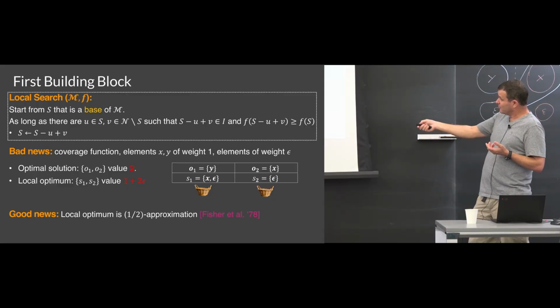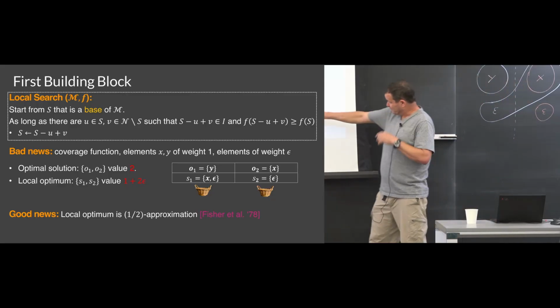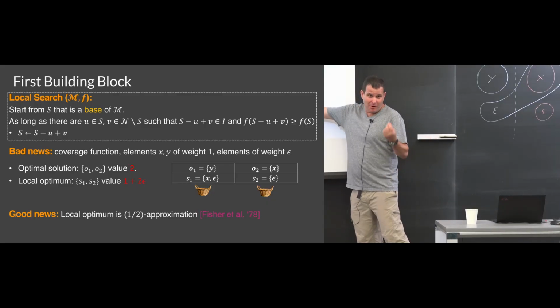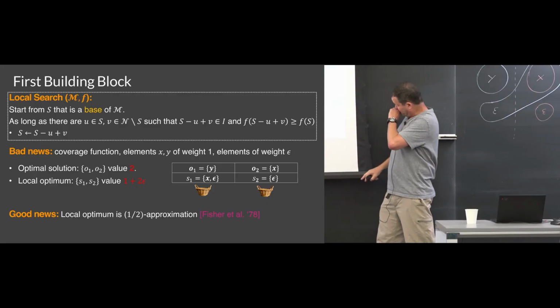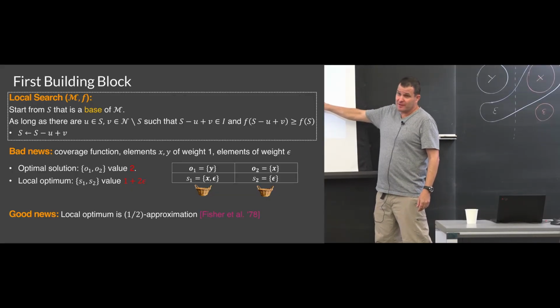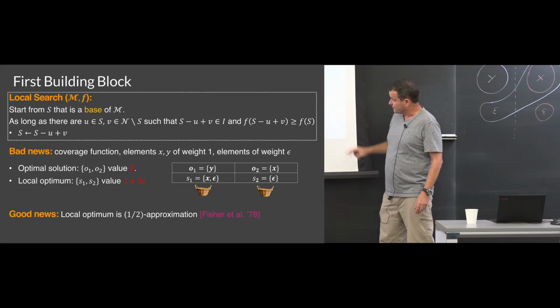But there are two bad sets, bad elements that you can choose. One of them contains x and another small element that is worth epsilon. And another one contains just a small element of epsilon.